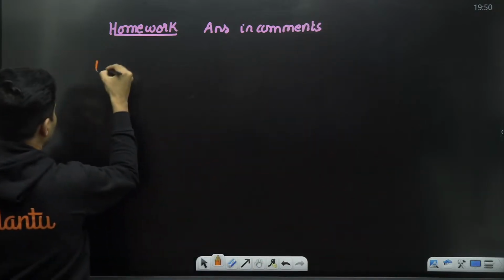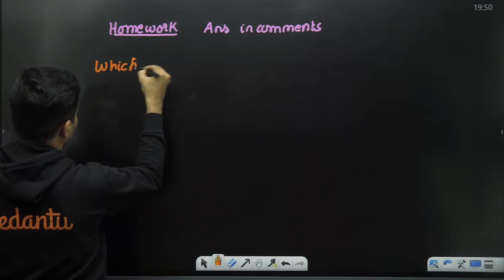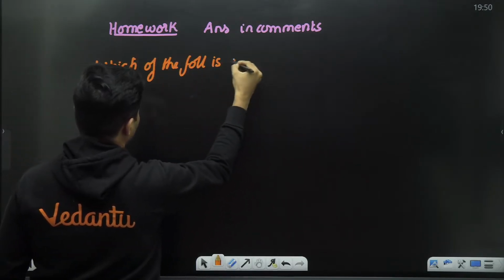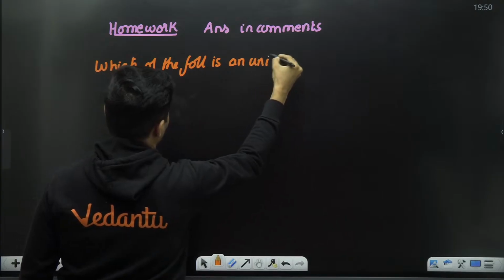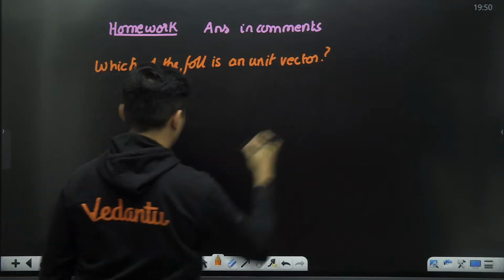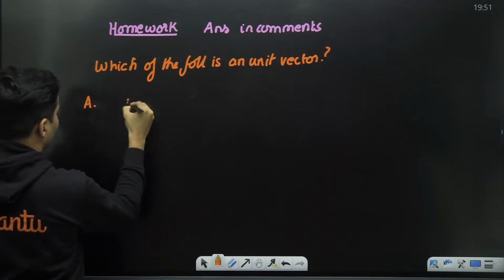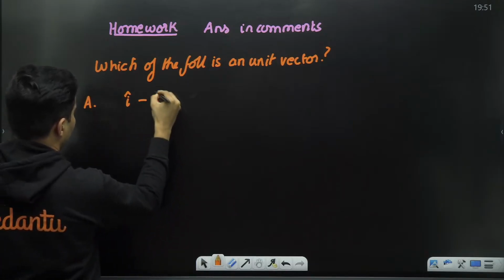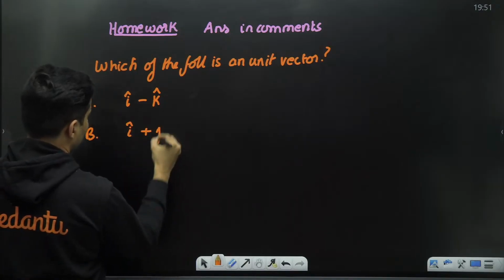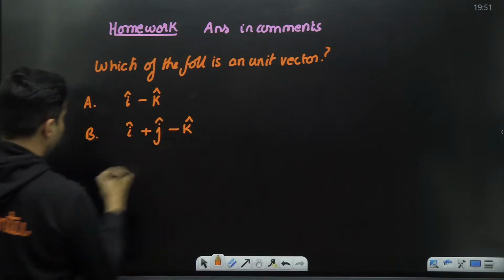Which of the following is a unit vector? A, I cap minus K cap. B, I cap plus J cap minus K cap.